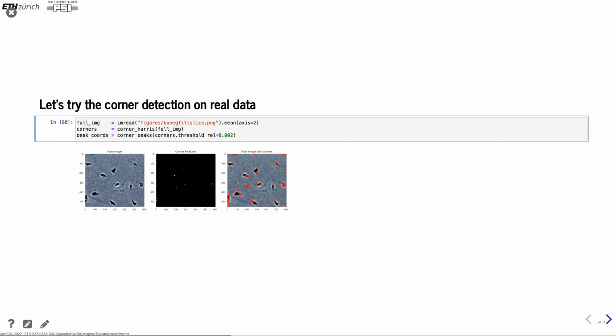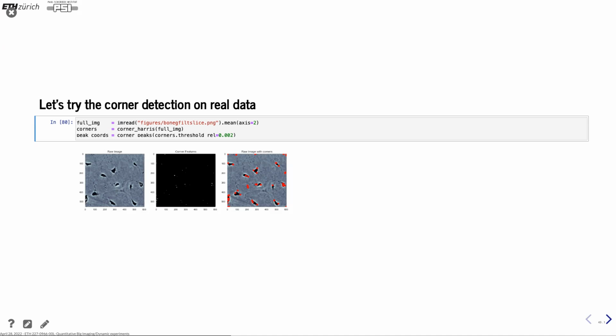That's in principle a high pass filter, which is very sensitive to corners. And then the next step is to identify the peak coordinates of the corners with some threshold. And with that, we get points where there are corners in the image. So mostly around these black regions here.